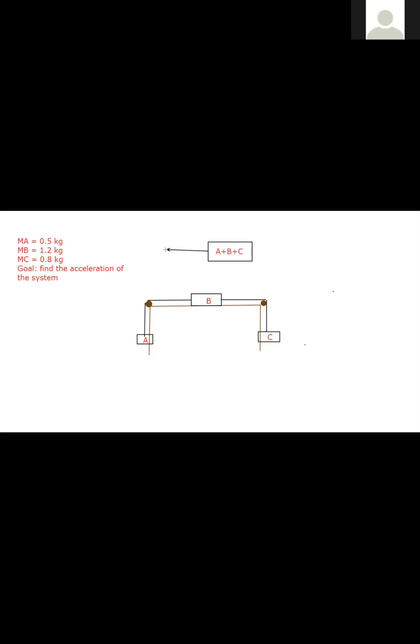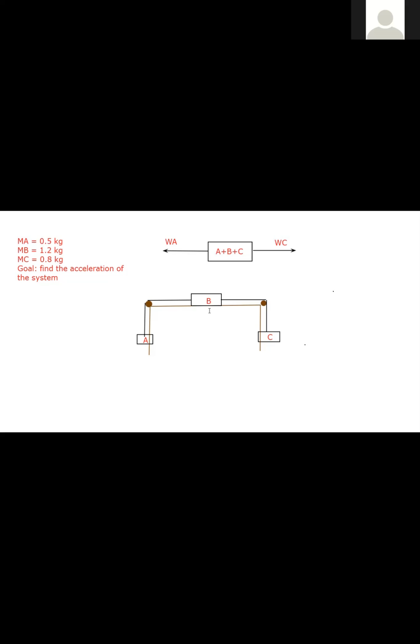The force pulling us to the left is the weight of A. And the force pulling us to the right is the weight of C. The weight of B is pulling downward. It's not causing acceleration in any direction. If there was friction here, it would increase the friction.